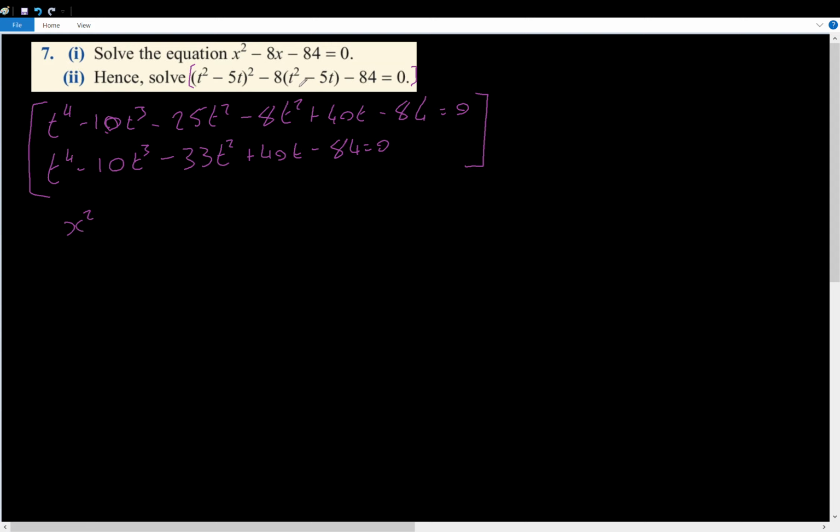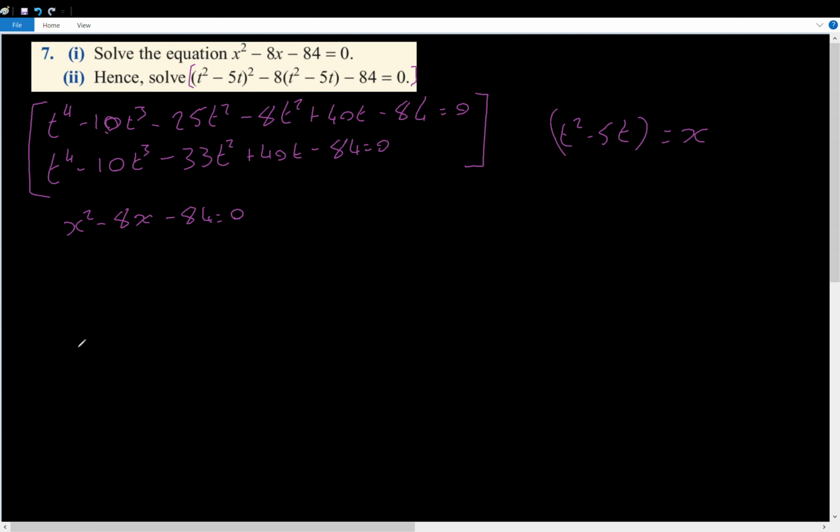And instead of 8 times t squared minus 5t, we're going to put in 8x. And then we're just going to leave our minus 84 on the end, equal to 0. So in other words, what we're saying is that t squared minus 5t is equal to x for the sake of our substitution. And we'll see why we're going to do that in a minute.